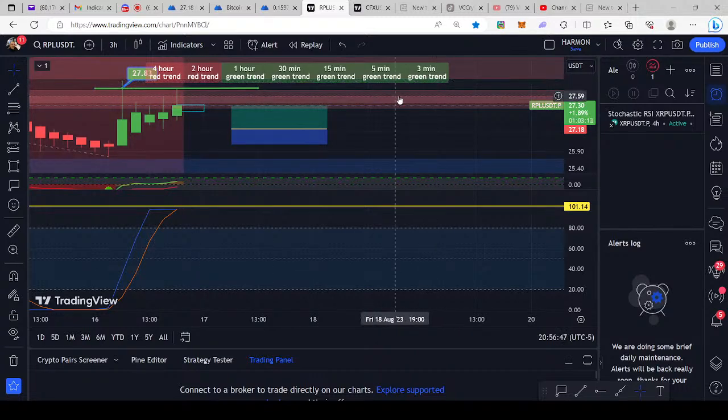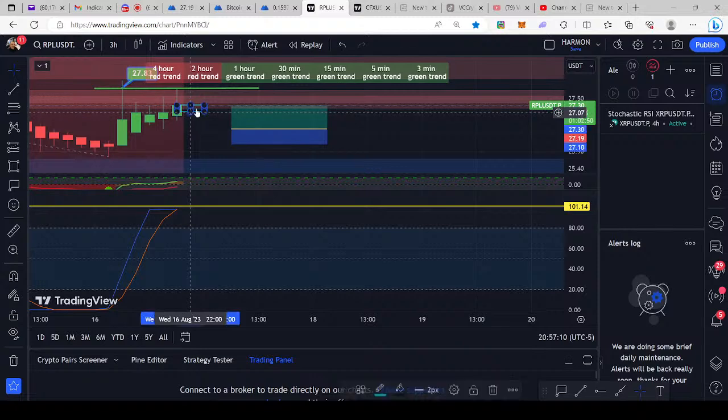And that's how quick you guys can get into a trade. You can see something breaking or coming down, and then it's like, oh, okay, this looks like it's going to roll, right? But we still need a 3-minute green trend. We don't have any of the momentum on the 3 hour, right? So for me, I love just to wait for everything to roll in my direction. If you want to catch this trade, then you're going to be looking at this high mark.